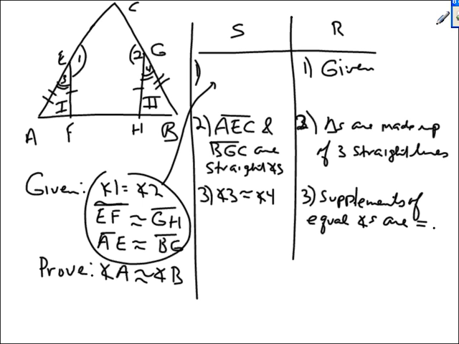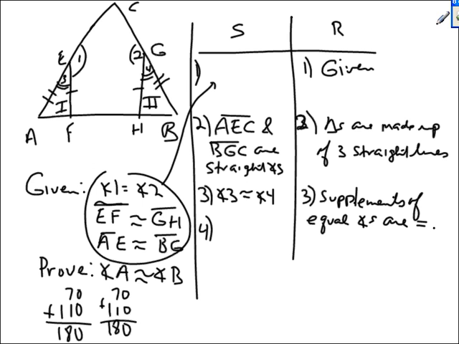If 2 angles are equal, then the magic number you add to these angles to get to 180 will be the same. Angle 1 and angle 2 were both 70. Well, the supplement of 70 is 110. And that's true because they add up to 180. The supplements of equal angles are equal.